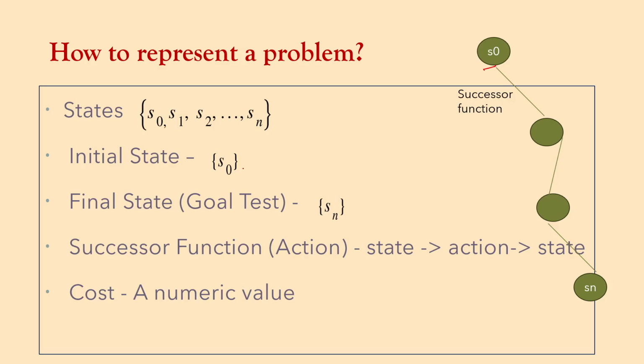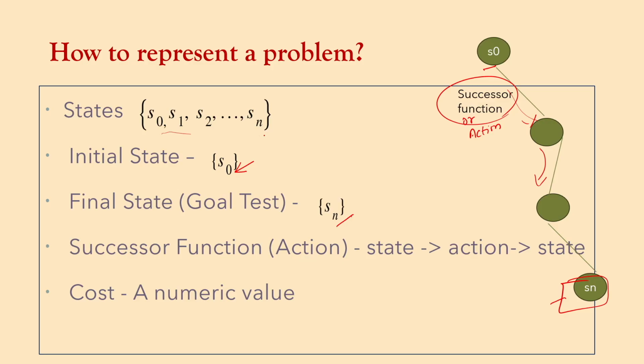If you look at this diagram, we have used this in our earlier sessions. We start with some state, the initial state, which we called S0. We apply the successor function or action, it can go to the next state and the next state until we reach the goal as Sn.